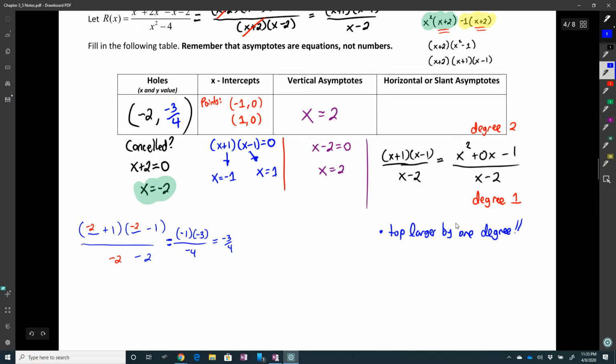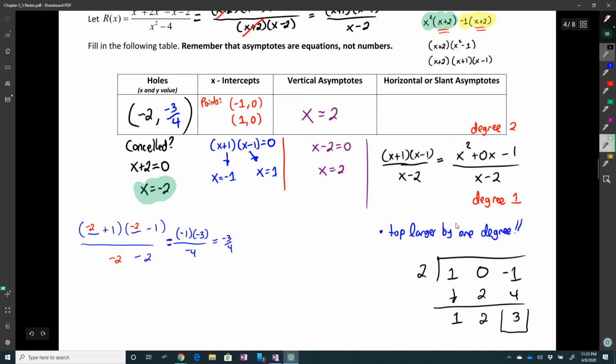If I do synthetic division, I have 2. The numerator coefficients are 1, 0, -1. And all I care about is the quotient. So here, the quotient tells me x plus 2. Y equals x plus 2 is my slant asymptote.